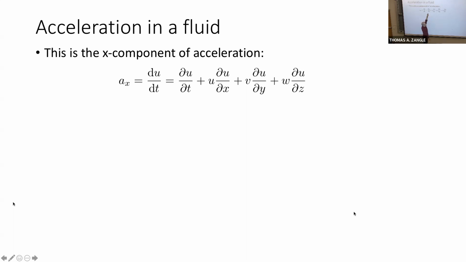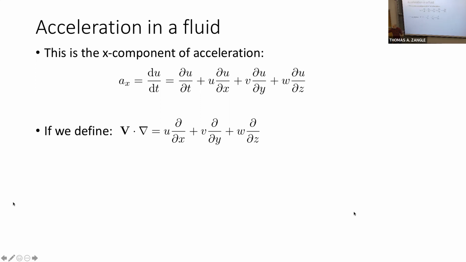has different components. One, which is just the rate of change of the velocity with respect to time, or the partial derivative of u with respect to time. And then it has these other components that depend upon the velocity of the fluid.